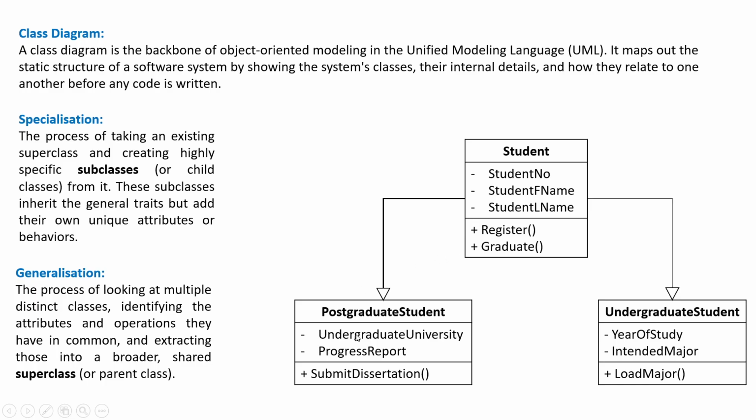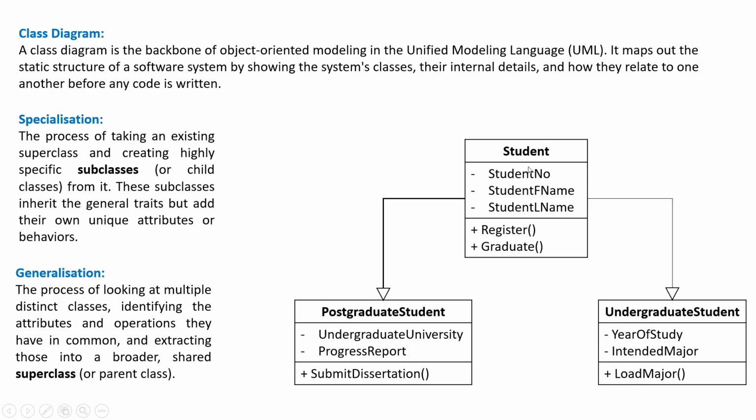They also have their own unique attributes, properties, and methods. Now, specialization and generalization are shown with connecting lines and an open arrow pointing from the subclass to the superclass. And generalization is just the reverse.